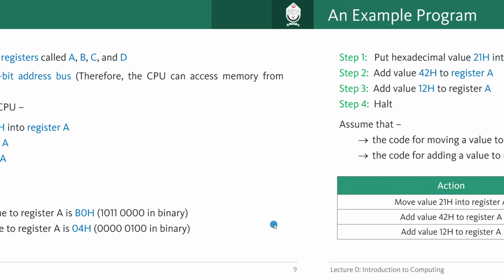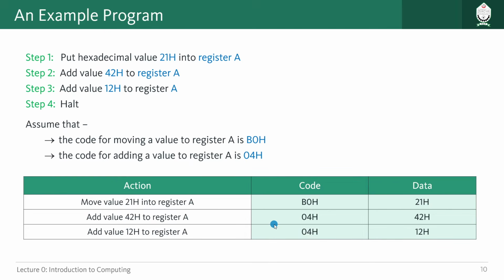Okay, now if we understand this much, now maybe we can look at the whole code. So for the instruction we already have here, this should be our code, right? So one by one, let us try to understand. Like, move value 21H into register A. To move any value to register A, the code should be B0H, right? And the value we want to move is 21H.